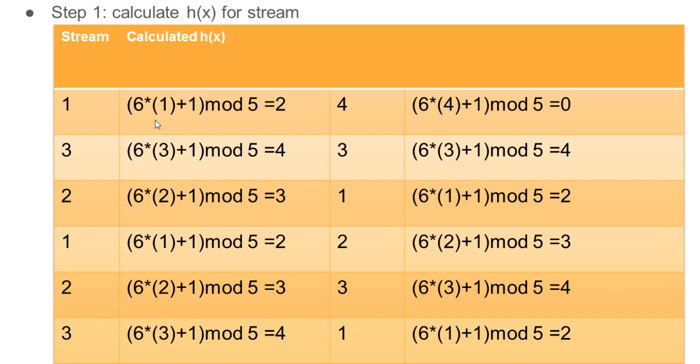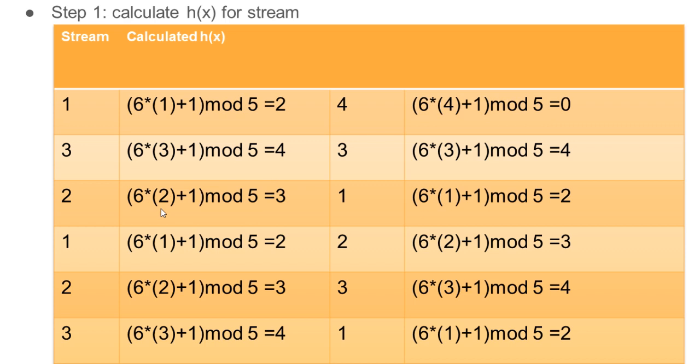So you calculate the h of x, and you will get some value. How will you do that? 6 into 1 plus 1. So 6 into 1 is 6 plus 1 is 7. 7 mod 5 is 2. For 3 you will say 6 into 3 is 18. 18 plus 1 is 19. 19 mod 5, that is 4.